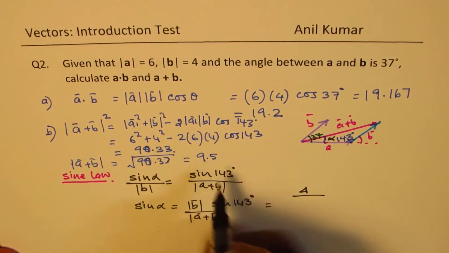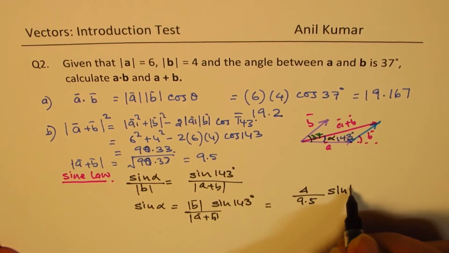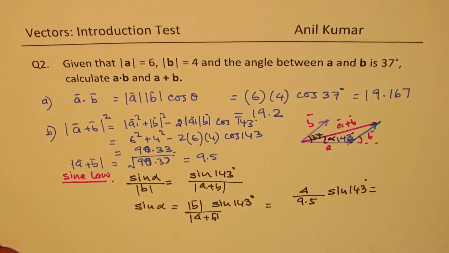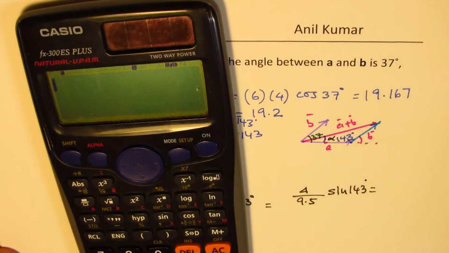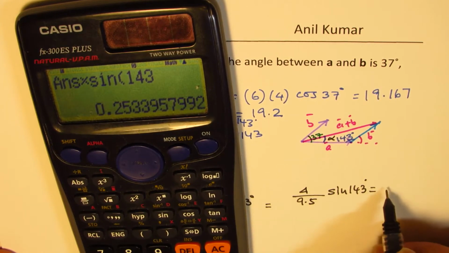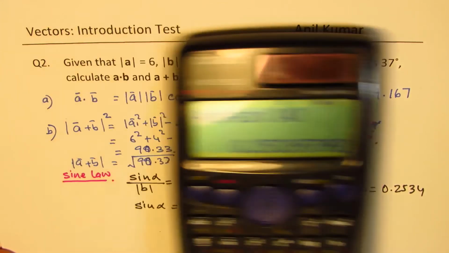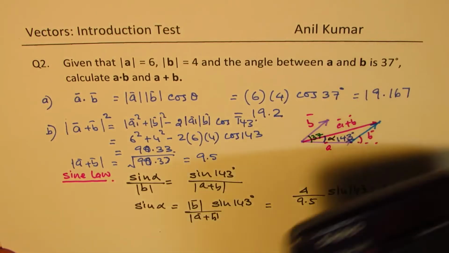So the magnitude of B is given to us as 4, over 9.5, times sine of 143 degrees. Let's calculate this. So we get 4 divided by 9.5 times sine of 143, which is 0.2534. Now alpha is the sine inverse of this, right?